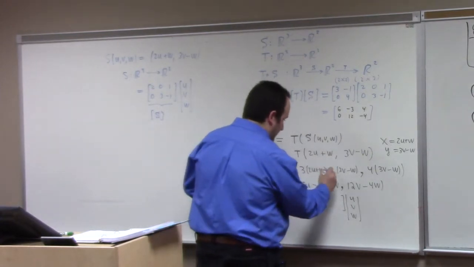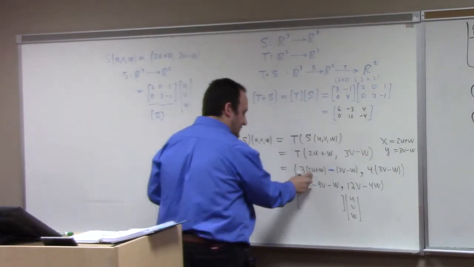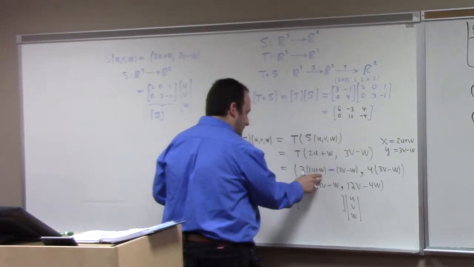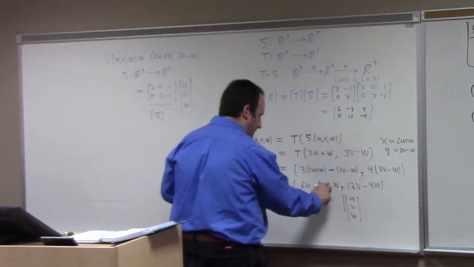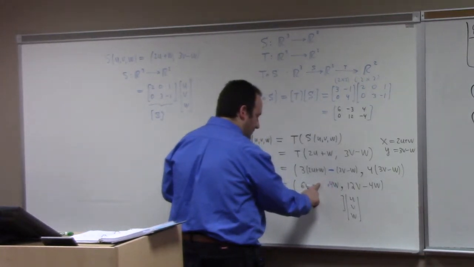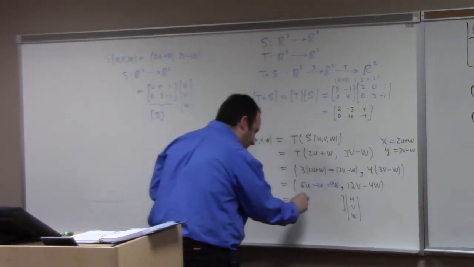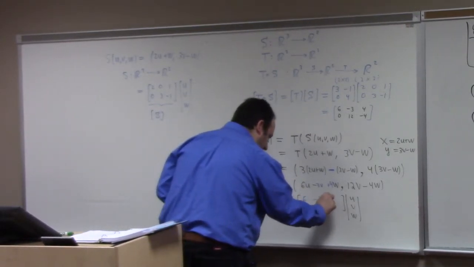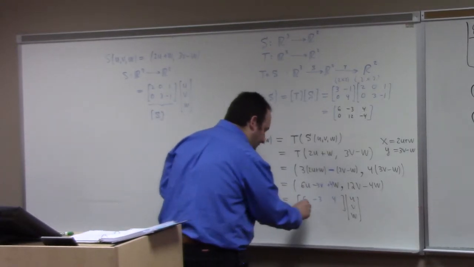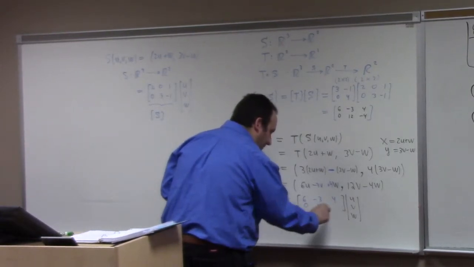Okay, good. And that changes the calculation a little bit. We get 6u still. Then we get plus 3w, so 4w. And the 9v is wrong. It should be just minus 3v. It doesn't affect the other one. So that gives us a 6, a -3, a 4 for my top row, and a 0, a 12, and a -4 for my second one.